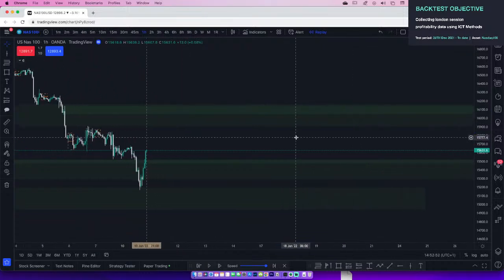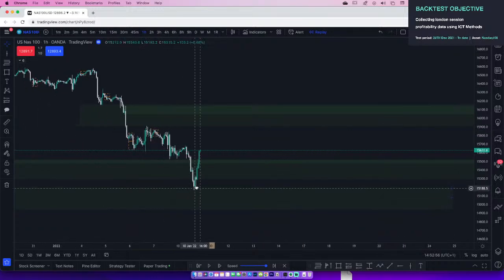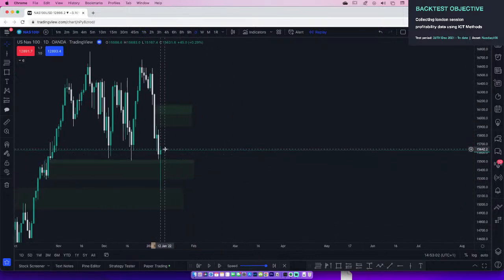Now, if we go down, there is nothing more here after tapping this area. With that long week on a daily, I don't think the market is gonna try to just go down the next day straight away.